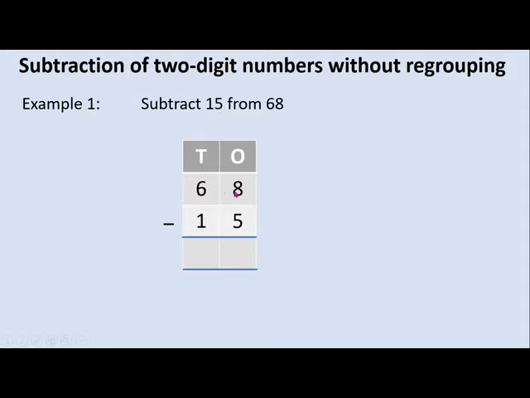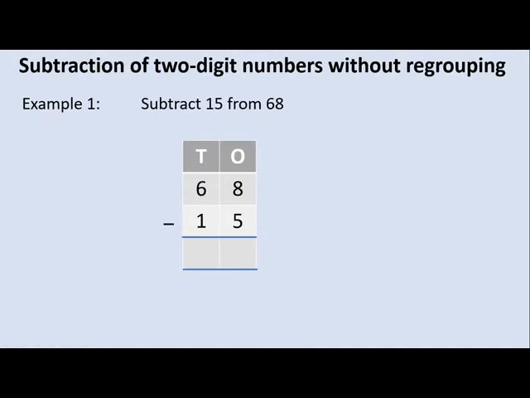It is 68 minus 15. So now how should such numbers be subtracted? First we will subtract the digits in ones place. That is subtracting 5 from 8.